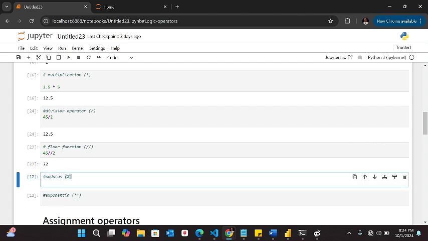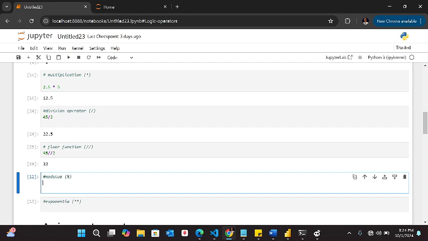And then we have another operator, which is the modulus. The modulus is represented by the percentage sign. This operator returns only the remainder of a division. So it returns only the remaining value from a division.